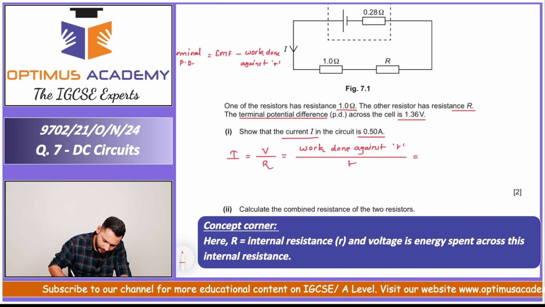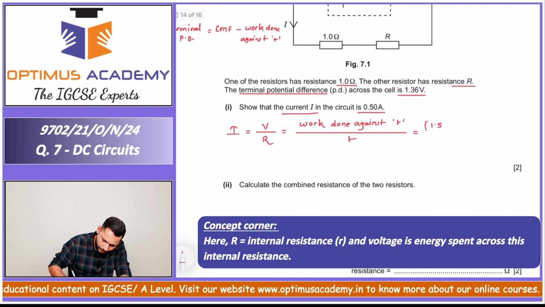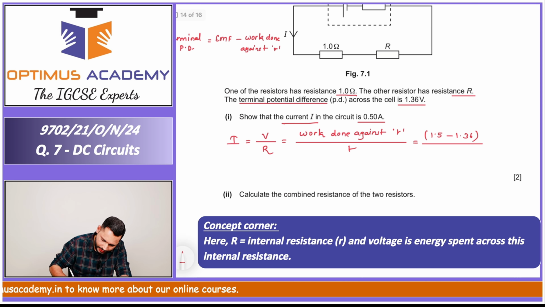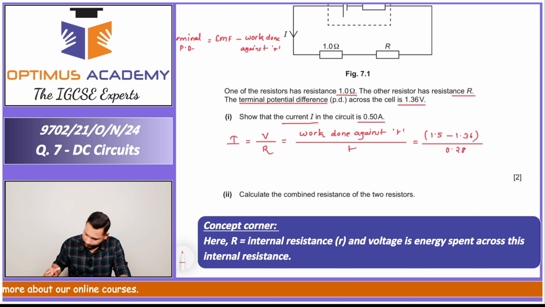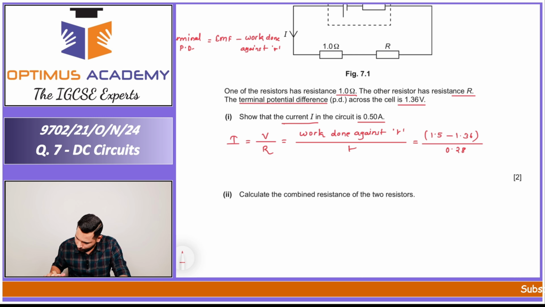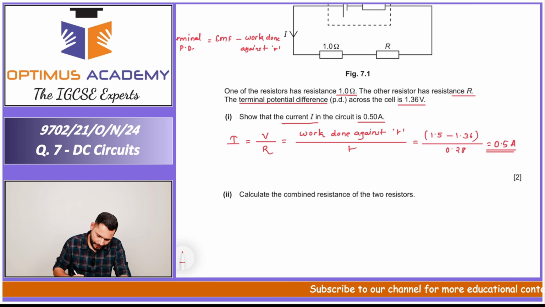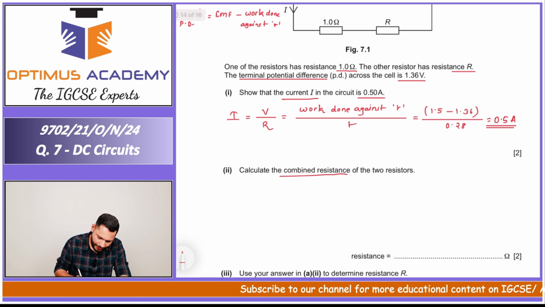So work done against internal resistance is 1.5, which is EMF, minus 1.36, which is terminal PD, upon r, and the value of r is 0.28. So 1.5 minus 1.36 upon 0.28, we get answer 0.5 ampere.